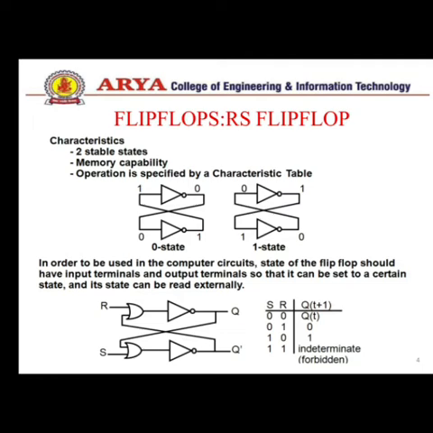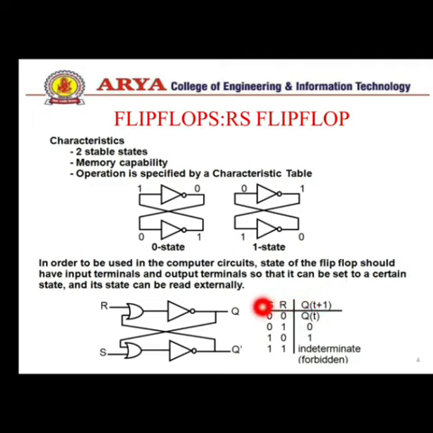Then 1 is connected to the NOT gate, and the output is 0. 0 is connected to the second input of the first OR gate, which is 0, and the output is R equal to 0. So 0 plus 0 equals 0. So 0 is connected to the NOT gate, and the output of the NOT gate is 1. So q equal to 1. So the previous state is changed to 1, and the next state of this circuit is 1. So it is changed to 0 1.